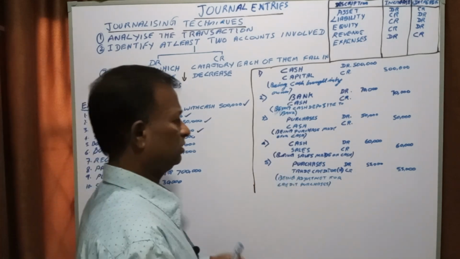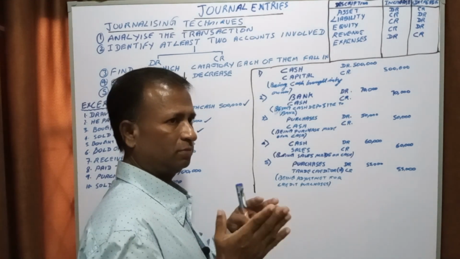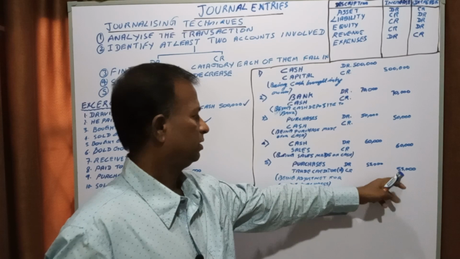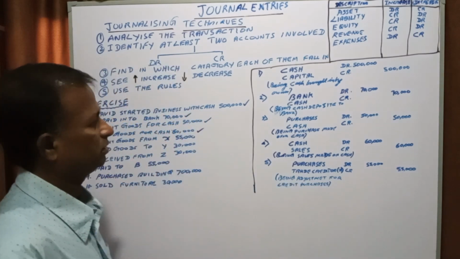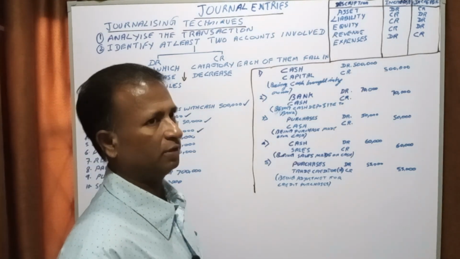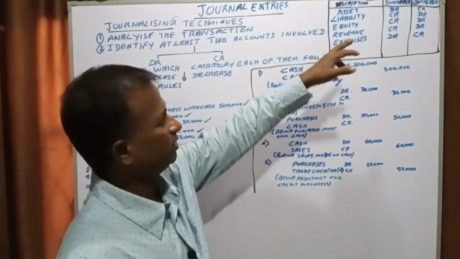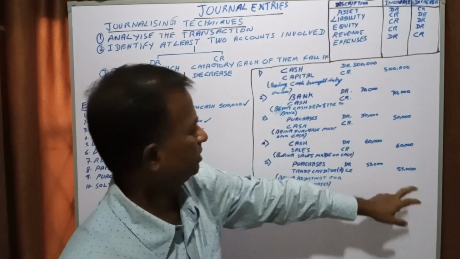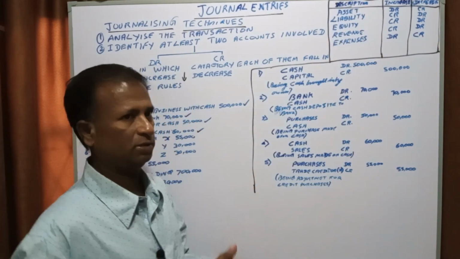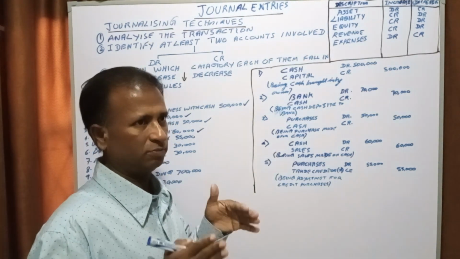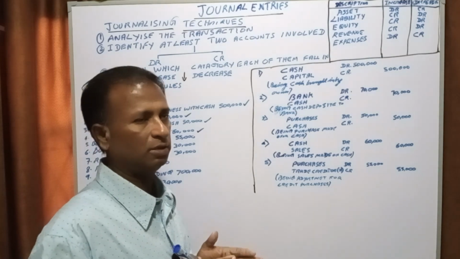Here we are making the purchase account debit and trade creditors X account credit. Because creditors are increasing. If the creditors are increasing means liability is increasing means credit. Purchases is increasing. Purchases are made, coming in.